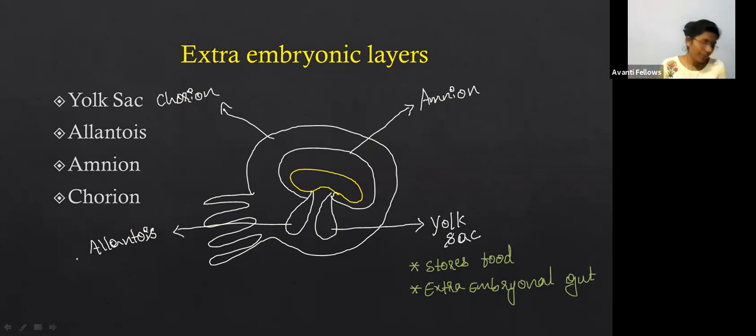Next one is the allantois. Allantois is going to store nitrogen. If the allantois stores and purifies the nitrogen, then it takes over which function? Can anyone tell me? Very good, Om, super. Next, anyone?